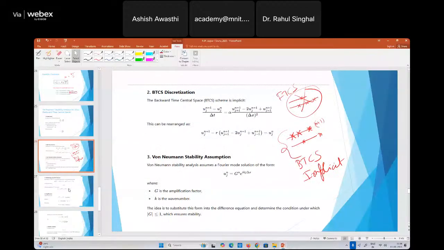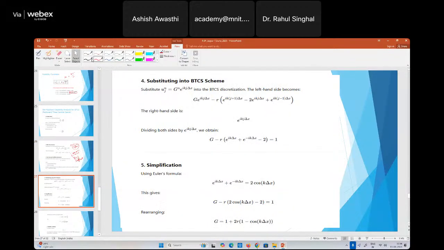The mistake actually: here the bracket should be there. So this is for all, and this is this one. Then you will be getting it. I think some error is there. G i k delta X, G i k, K, yes.